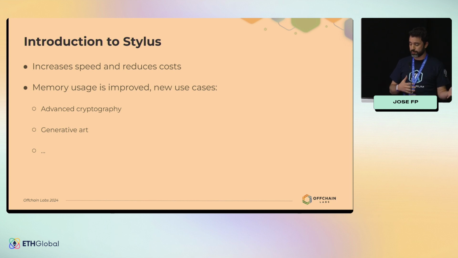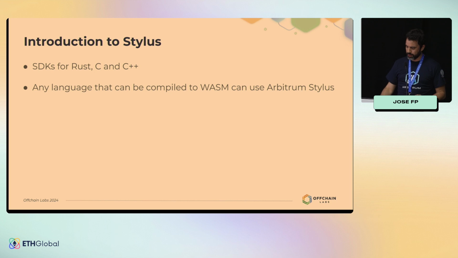Stylus also increases the speed and reduces cost, basically because generally a program written in WASM is going to be more efficient than the one written in Solidity. And also memory usage is improved. And yeah, that means that we can see new examples of advanced cryptography, generative art, on-chain generative art actually, and any other use cases, okay?